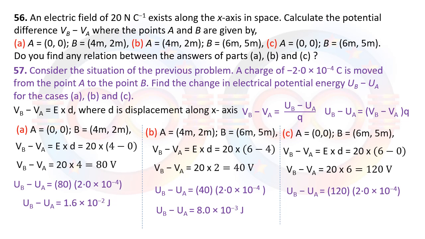In part C, it is 120 into 2, so it is 2.4 into 10 raised to minus 2 joule. So this is question number 57, respectively in A, B and C. If you want to make a note, you can write it individually because they were connected, so I have taken both on the same slide.